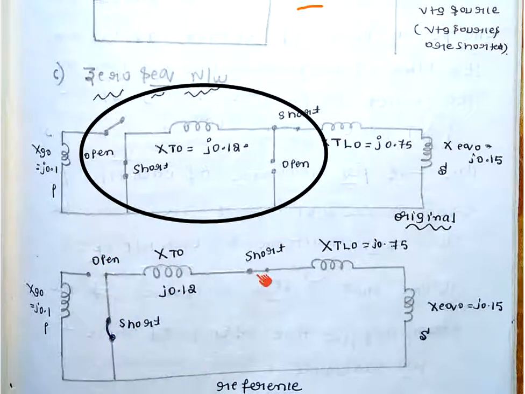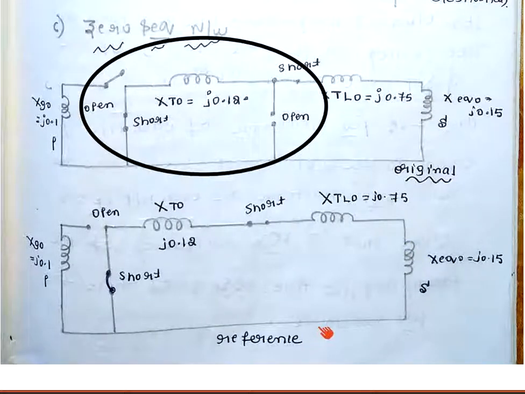If a parallel switch is open, there is no need to represent it, so leave it. If you represent it also, no problem. Then the transmission lines, they had been given, and the equivalent. This is my reference bus, right? So this is the way to draw the positive, negative, and zero sequence networks.